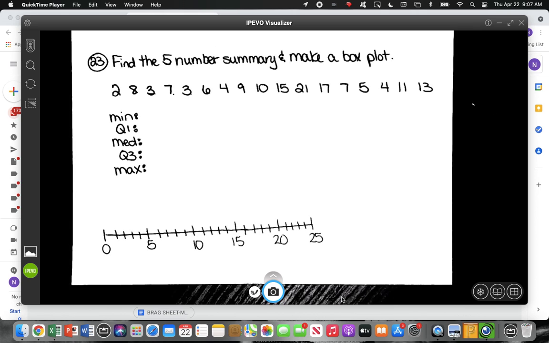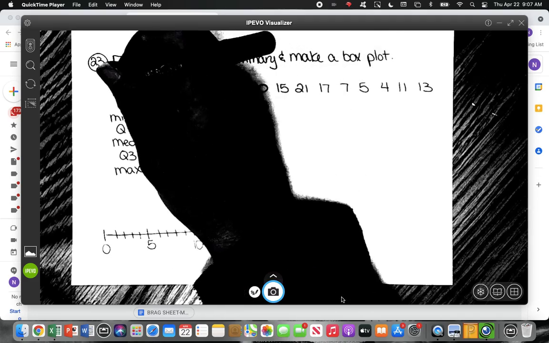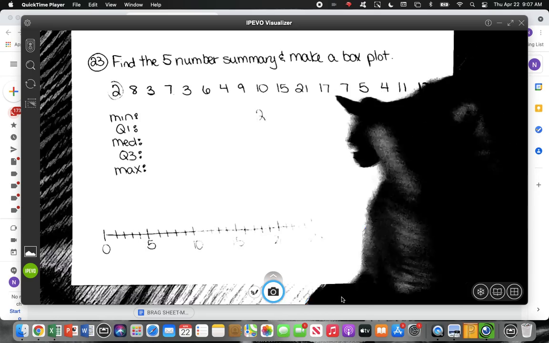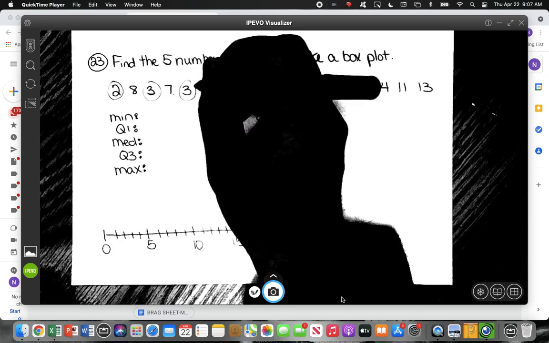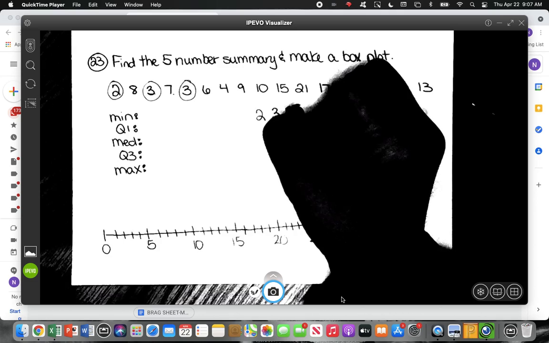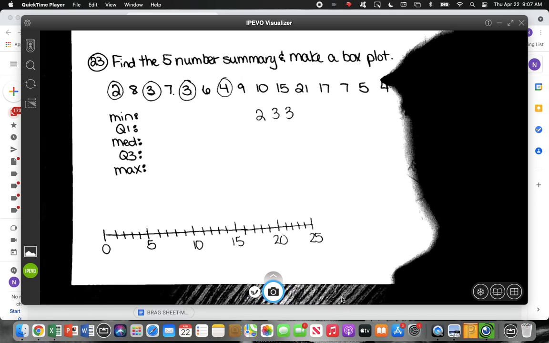So in order to do this one, we have to put these in order. So let's see, what's the smallest number? 2? And there's only one of those. All right, how many 3s do we have? 2 3s. And we've got 2 4s.